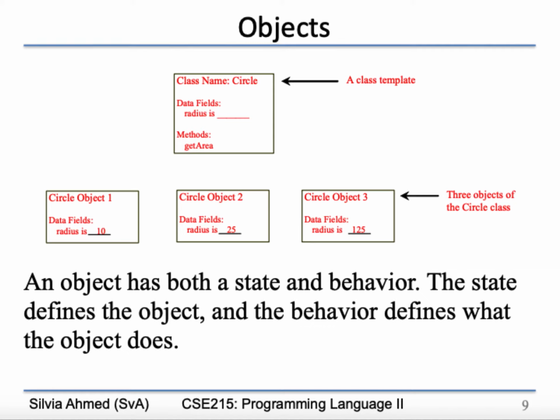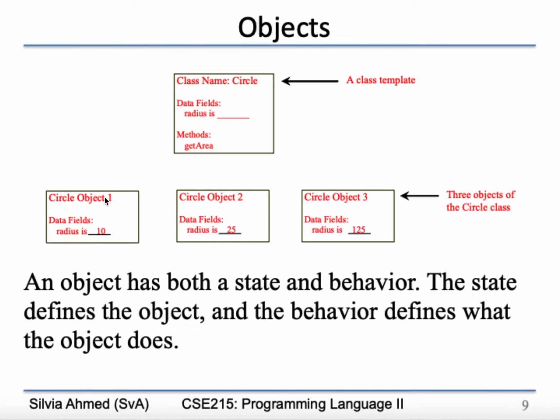Now we can take the example of a circle object. A circle definitely has a radius. An object has both a state and behavior, so for the circle, the state is a radius. The data field of a circle is radius, and a method can be a getArea method for that circle.